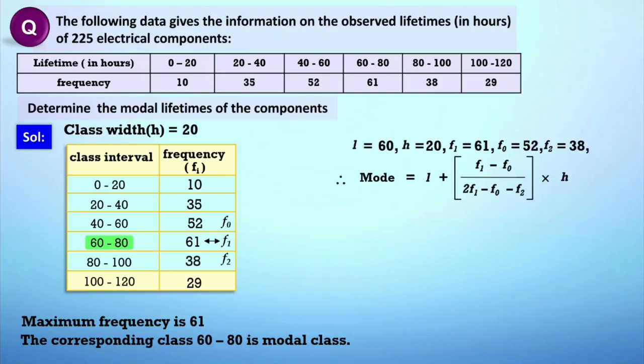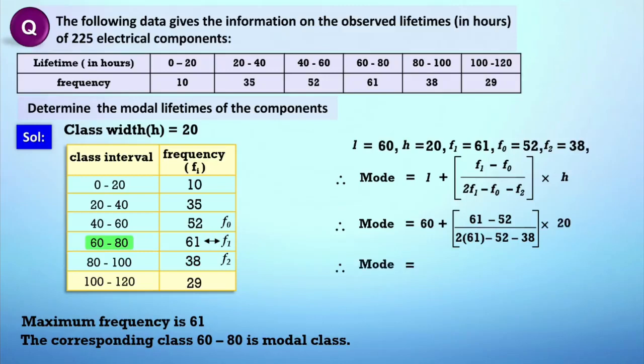We substitute the respective values, that is 60 plus bracket open 61 minus 52 upon 2 times 61 minus 52 minus 38 into 20. From these values we simplify, we get 60 plus, in numerator we will get 9 upon, we get 122 minus 90 into 20.